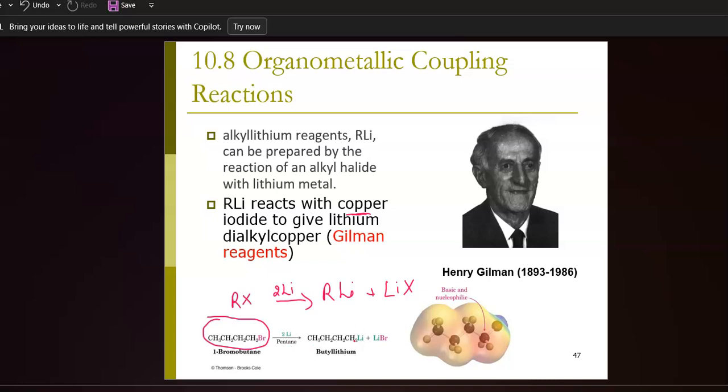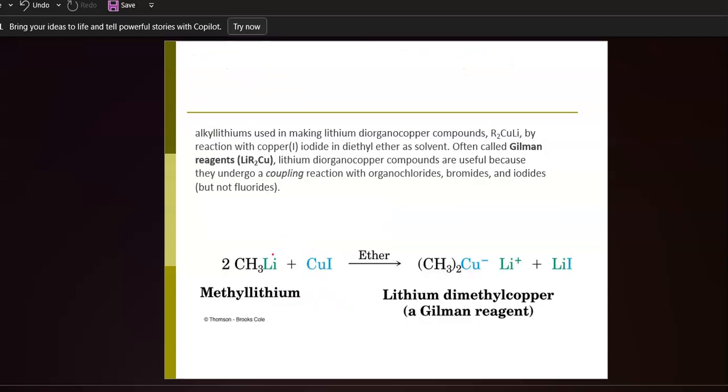You get butyl lithium first, and then in the next step you take that organolithium compound and treat it with copper iodide. Copper is divalent, so it takes up 2 of the R groups, and that product is called the Gilman's reagent, a lithium dialkyl copper. In this case it's dimethyl, but this can vary.